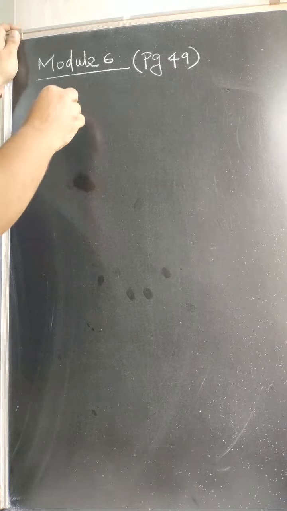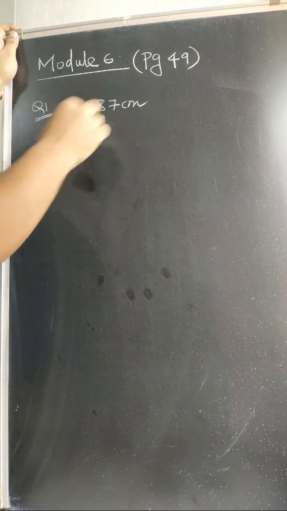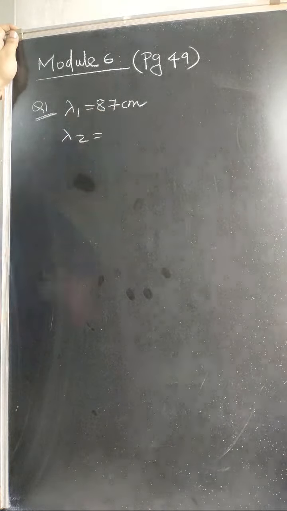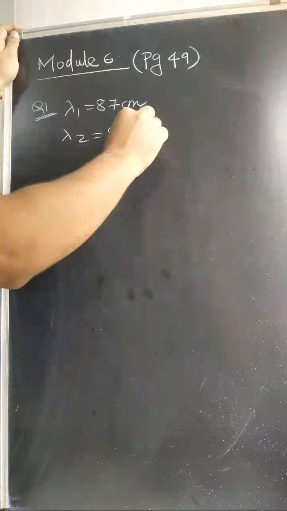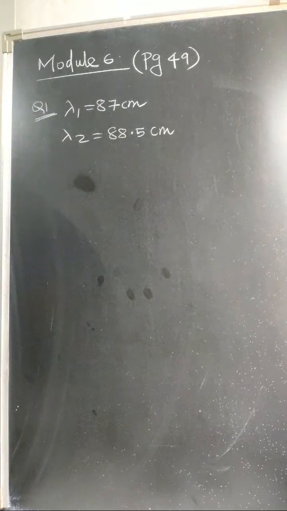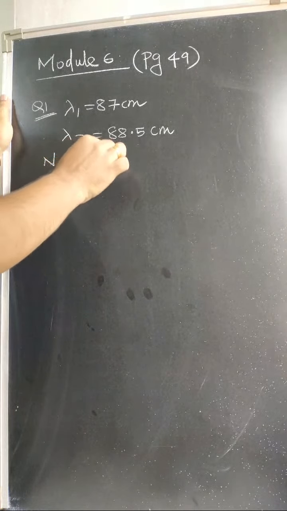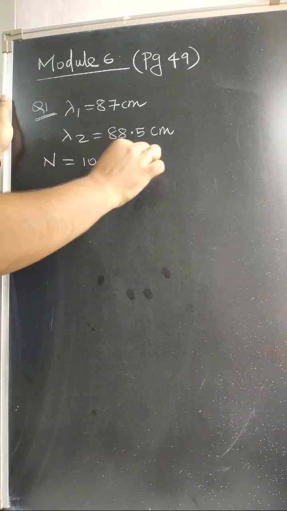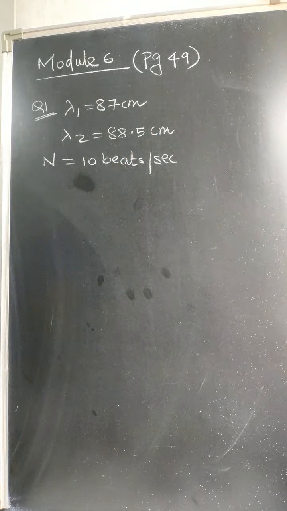Lambda 1 is 87 and lambda 2 is 88.5. And they are producing 10 beats per second. So capital N is 10 beats per second. We have to find velocity of sound.